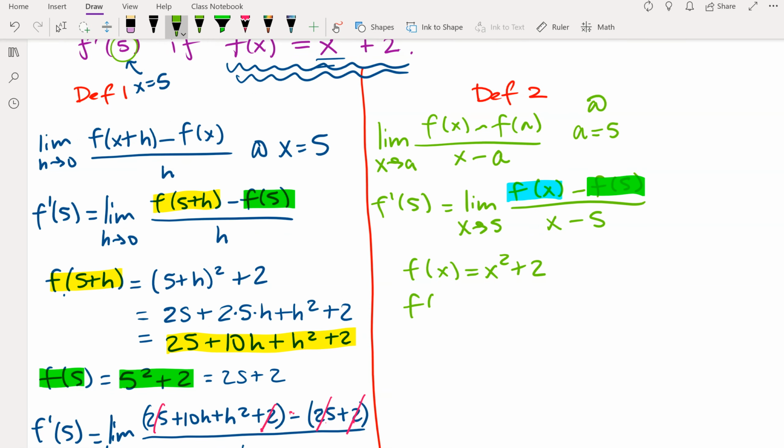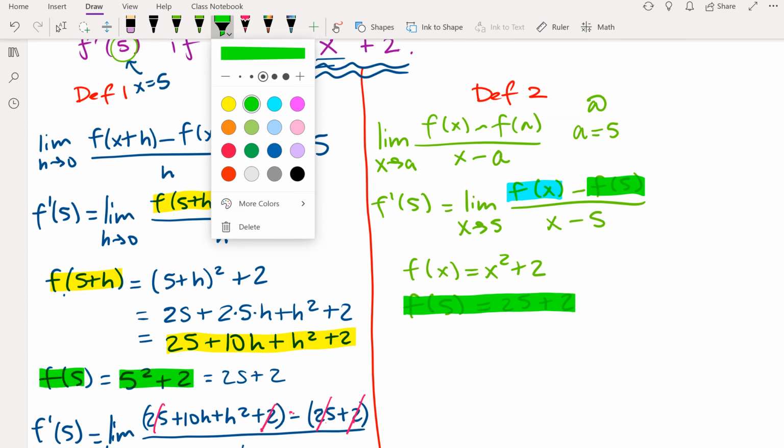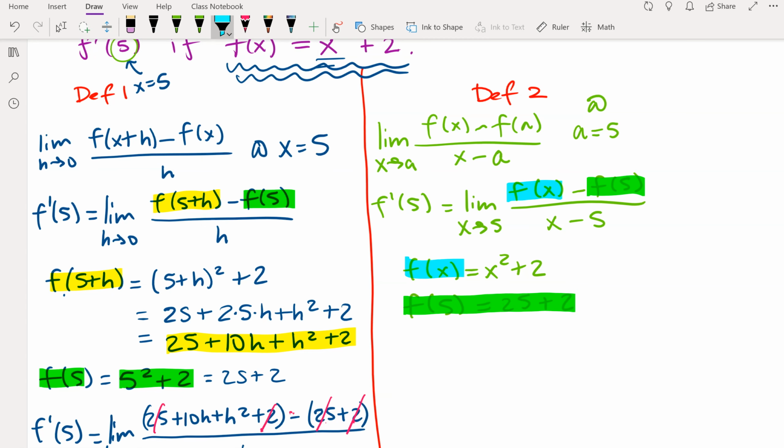And f of 5, we already found to be 25 plus 2. And remember, we're not going to simplify it yet. So now we just need to plug in for the blue and the green. So let's go ahead and do that.